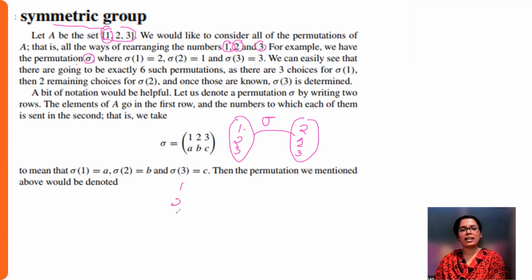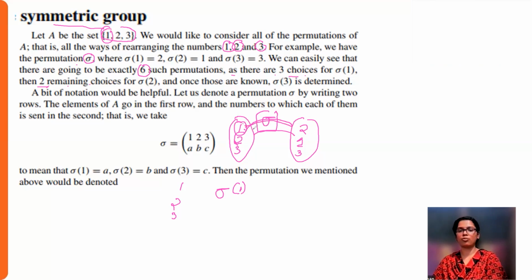Similarly, in this way we can have 6 permutations, right? We can simply derive it from the formula of permutation, that there are 6 types of permutation we can define on this. For sigma, number 1 has 3 choices, that is 1, 2, 3.